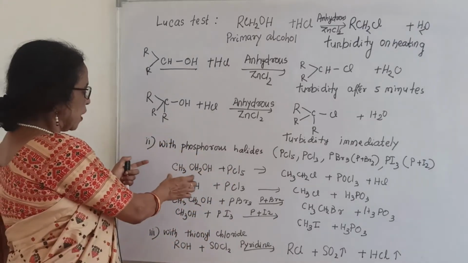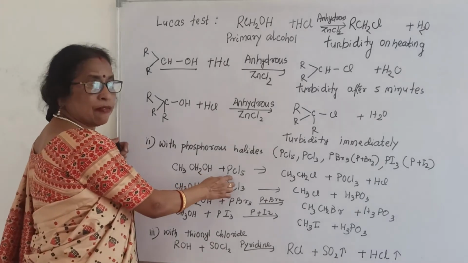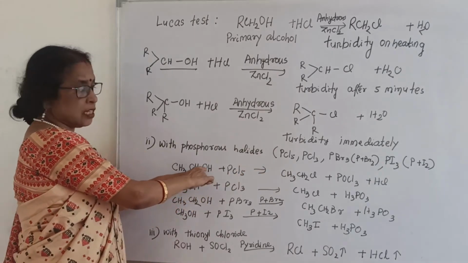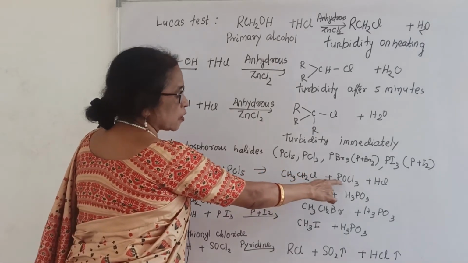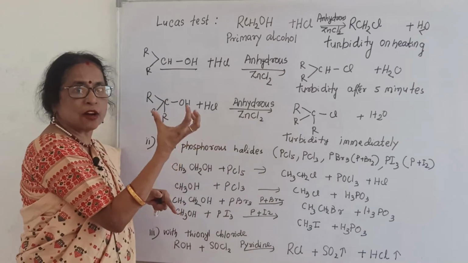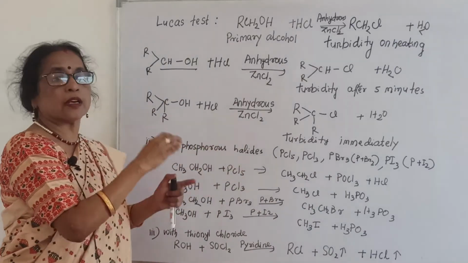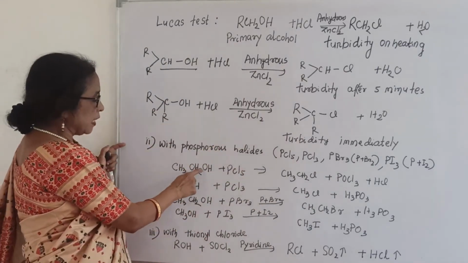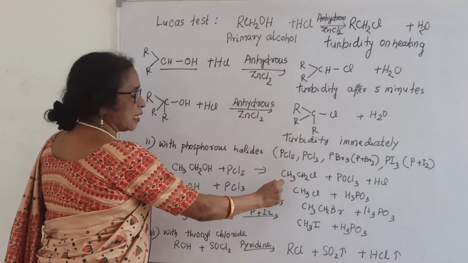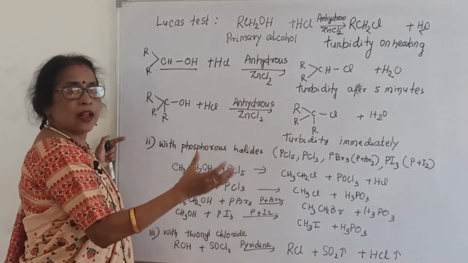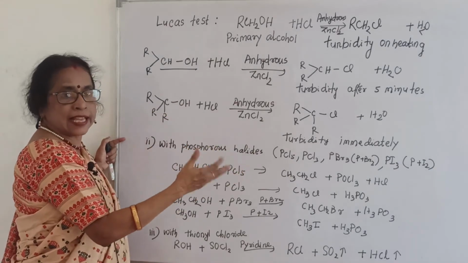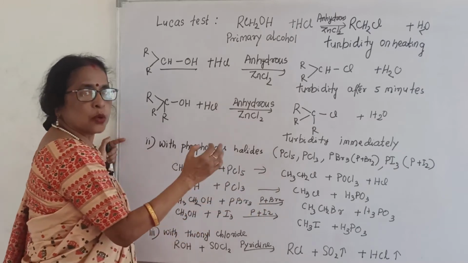Now you see, if you take alcohol and PCl5, it gives the corresponding halide, and oxygen comes to phosphorus chlorine and exists as a compound called phosphorus oxychloride. That means this oxygen goes there and chlorine is attached here, giving ethyl chloride, or chloroethane, a 2 carbon ethane.